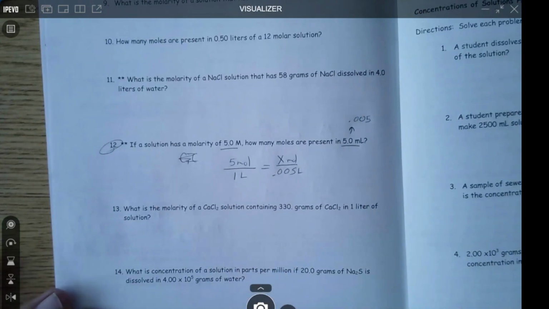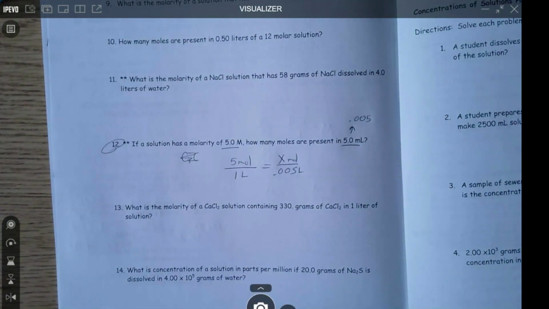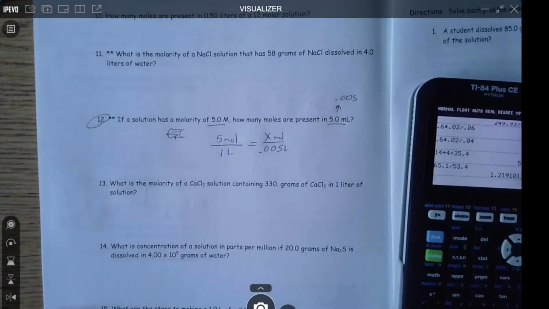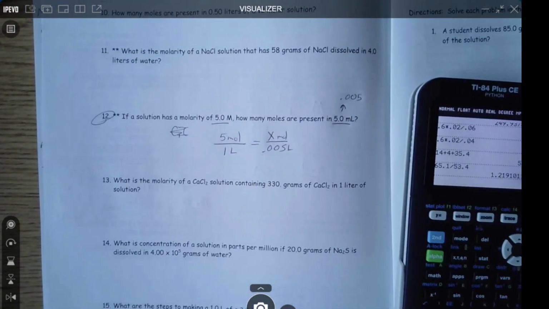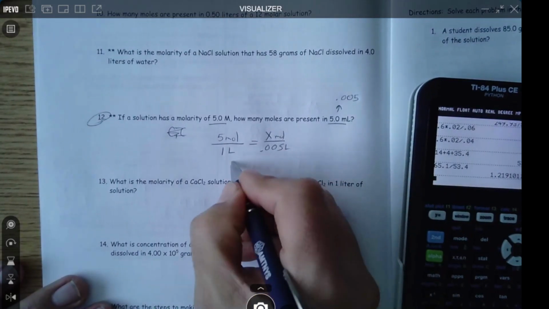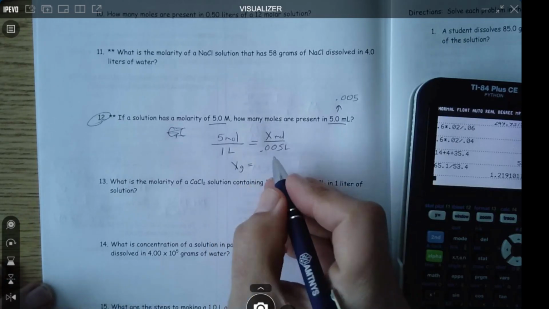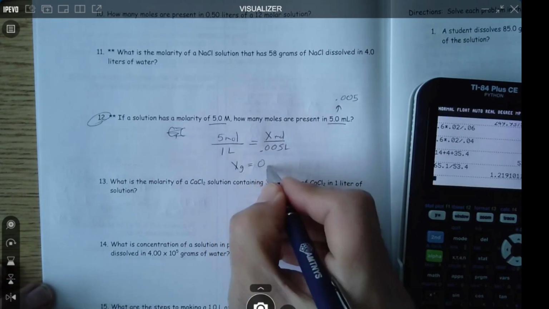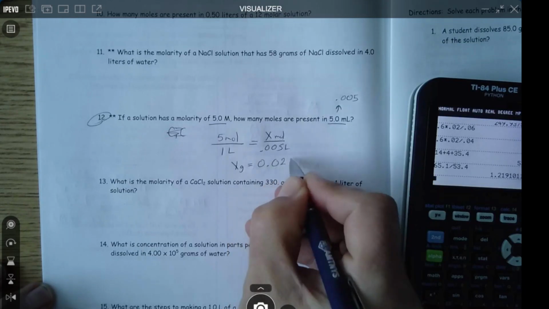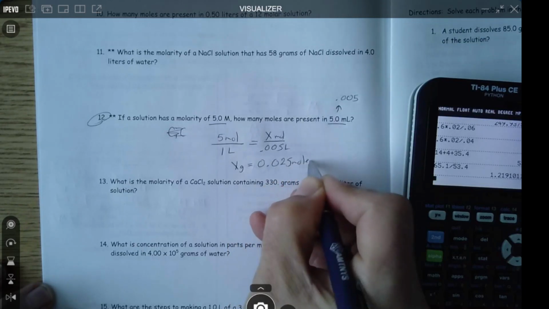By doing that, we just multiply 5 times 0.005. Where's my calculator? Oh, I can do that too, a little tricky method. So it's 0.025 moles. That one's a little tricky, I guess.